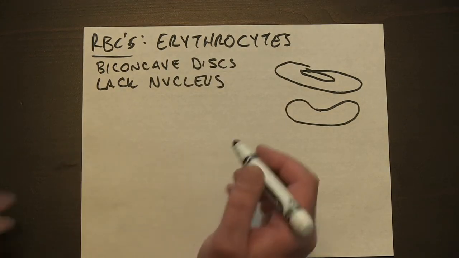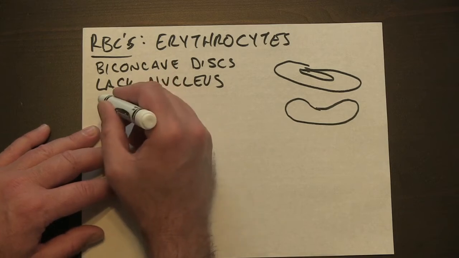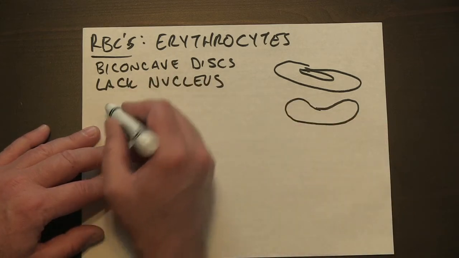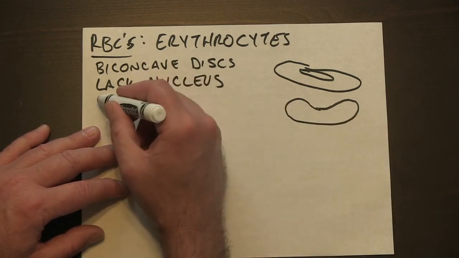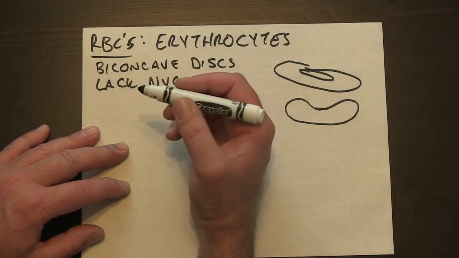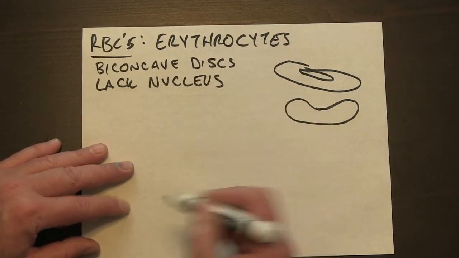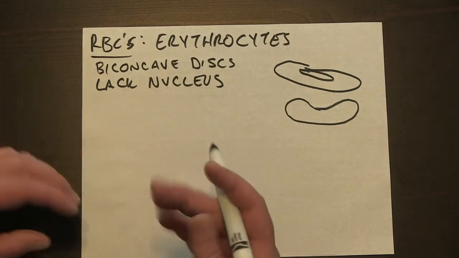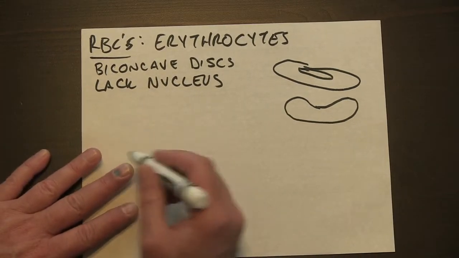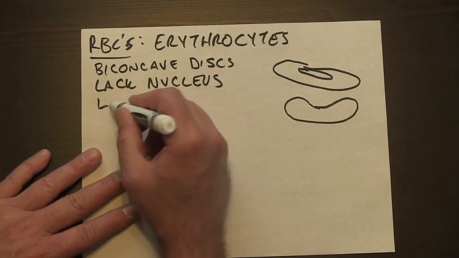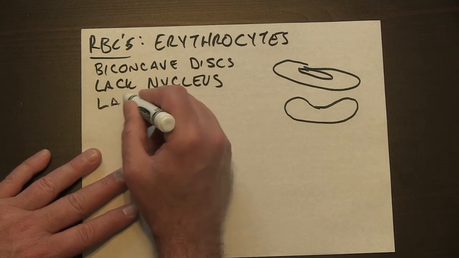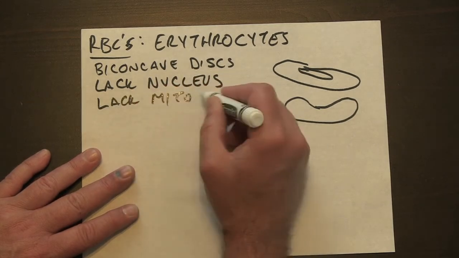It makes more room for hemoglobin, which is kind of the whole point of the red blood cell, to carry oxygen. So it's just going to live for a couple of weeks, I think, and then it dies. So it doesn't really need a nucleus. It's not going to divide, which is the whole point of the nucleus, to allow it to undergo mitosis. They lack mitochondria.